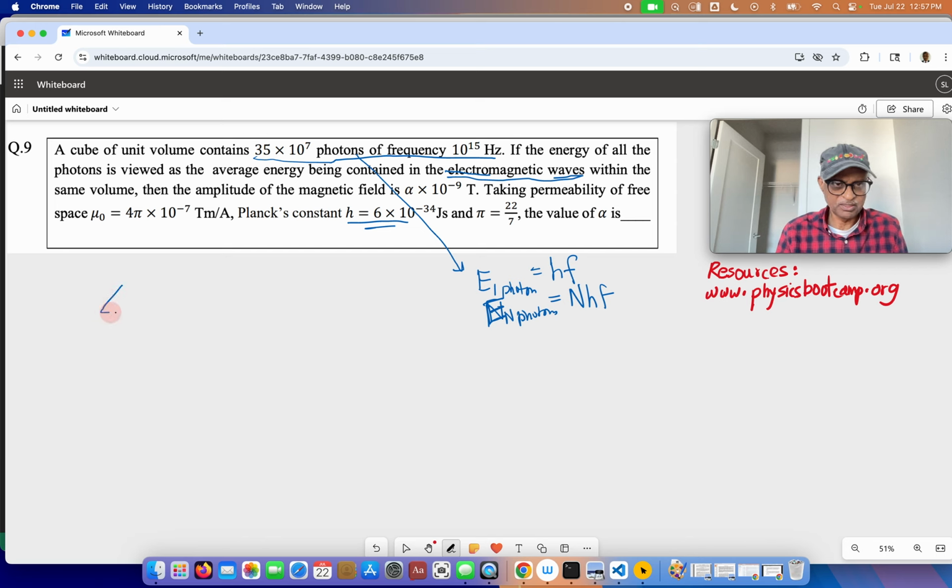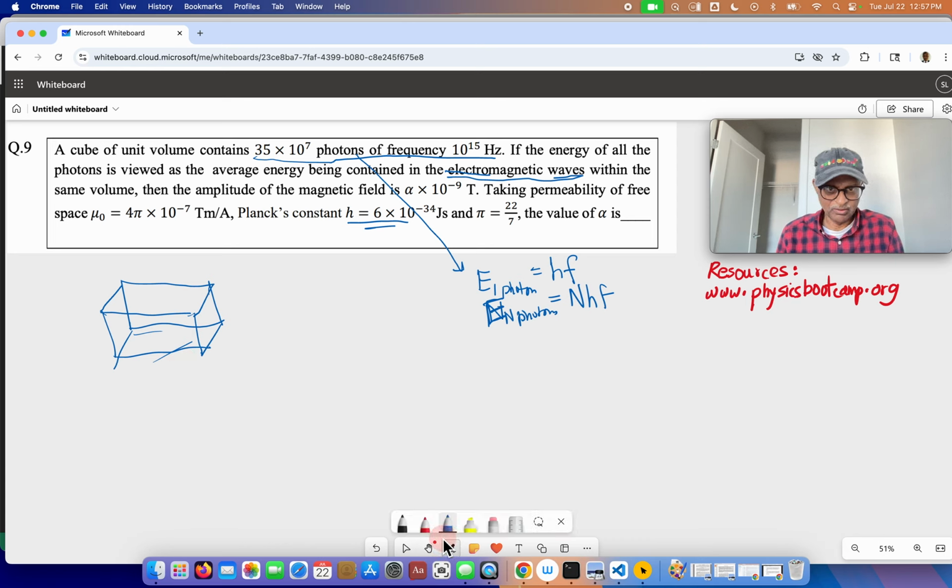Maybe there are photons running in all directions, but for the sake of this illustration, imagine the photons are just an electric wave and a magnetic wave together. So now we can think of particle or wave.